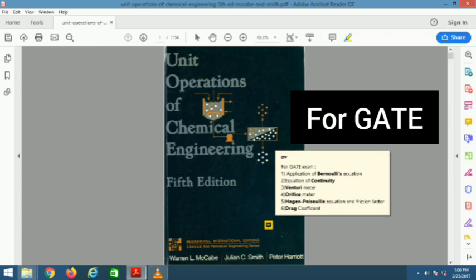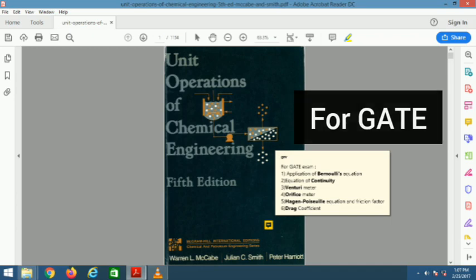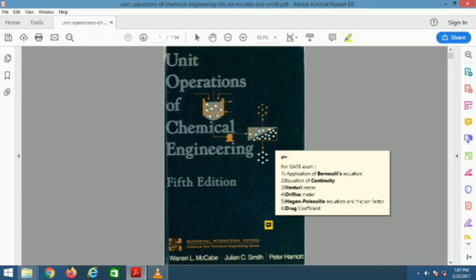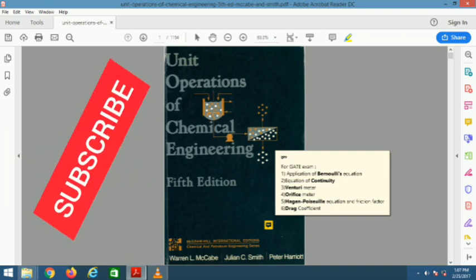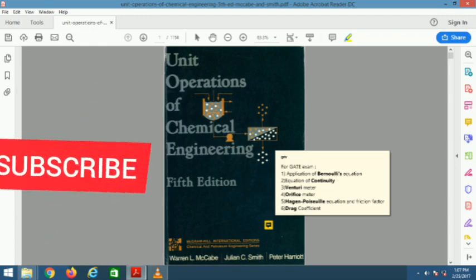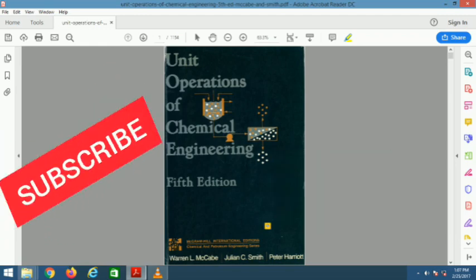There are majorly 6 topics that we need to focus upon: first, application of Bernoulli's equation; second, equation of continuity; third, Venturi meter; fourth, orifice meter; fifth, Hagen-Poiseuille equation and the friction factor; and lastly, the drag coefficient. Questions come mainly from these topics in the GATE exam, and now we are going to look at how to study it in general, like for semester exams and other exams.